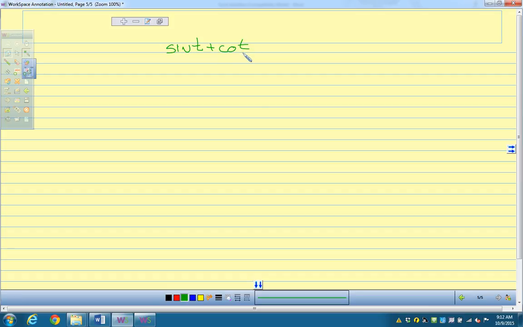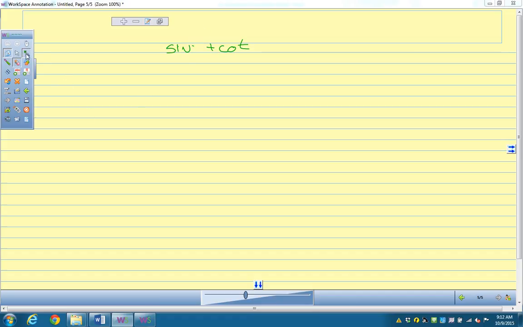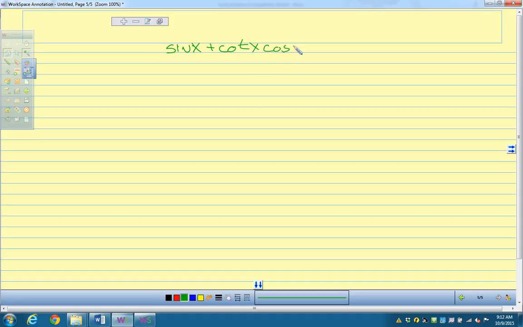Cotangent of t, let's call it x instead of t, because that'll be cotangent of x, cosine of x. Okay? And they say simplify.